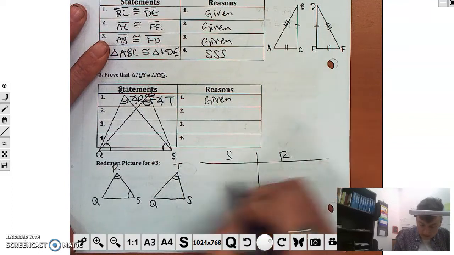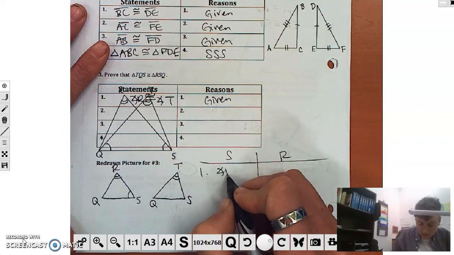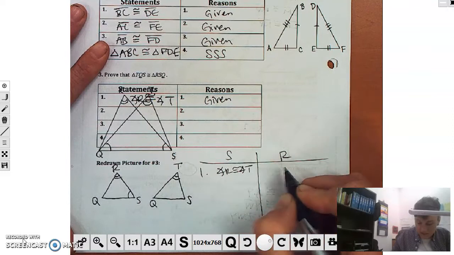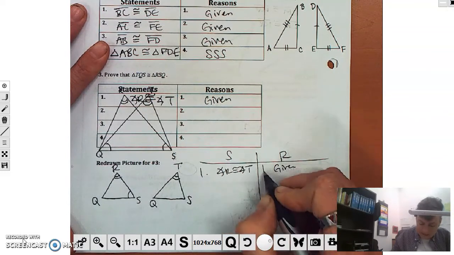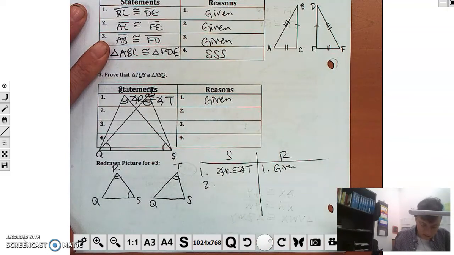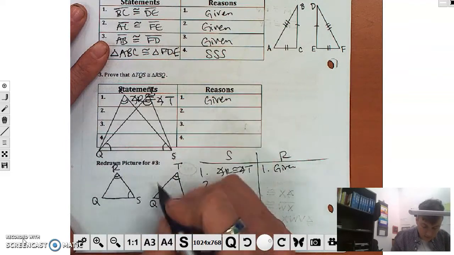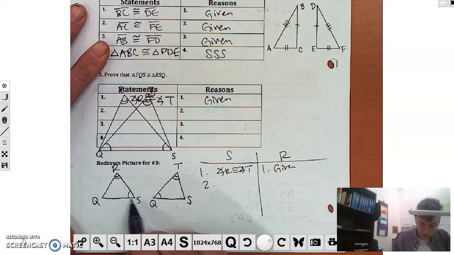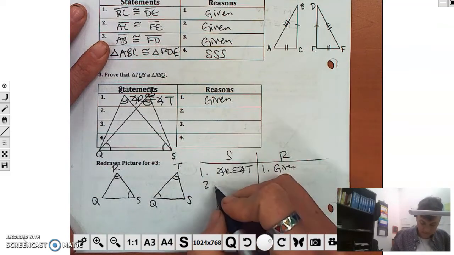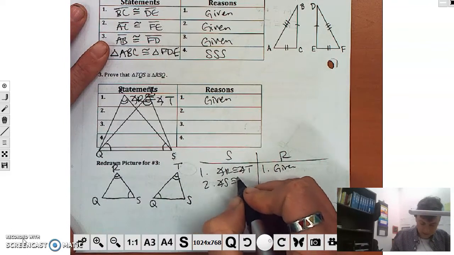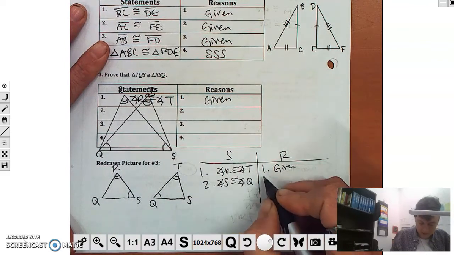Statements, reasons. 1, angle R is congruent to angle T. That's given. Number 2, we got angle... Oh, who did I forget? Oh, in this triangle here, Q needs 1 mark. So angle S is congruent to angle Q because they both have 1 hash mark.